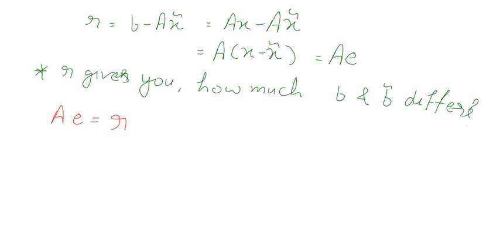Once you know R, you will be able to get E by performing the basic Gauss elimination method. If it is not applicable, then you can go for Gauss elimination with pivoting strategies.